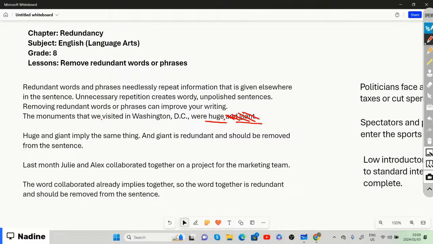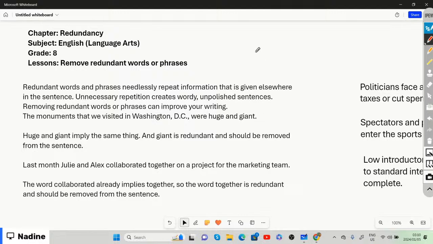For example, the monuments that we visited in Washington, D.C. were huge, period. That should be our sentence. Because if I go back, the monuments that we visited in Washington, D.C. were huge and giant, right?